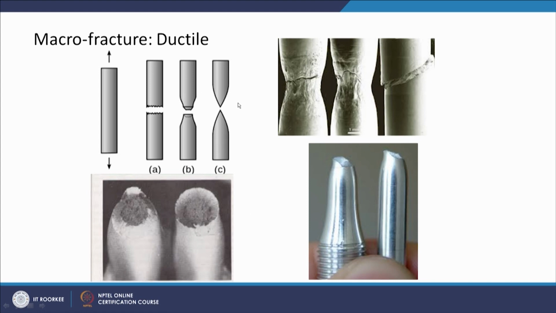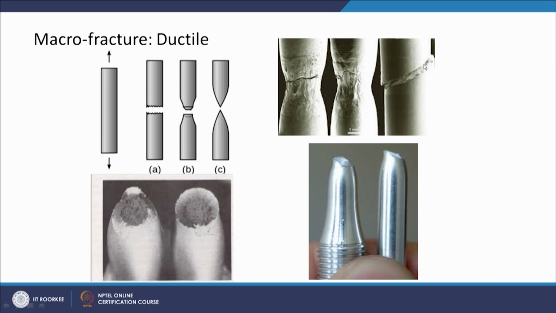The mixed mode fracture, where the flat fracture is present at the center and the slant fracture is present at the sides, is what can be seen from this diagram, and the corresponding cone is here, where the slant fracture is present in this area and the flat fracture is present at the center of the specimen.